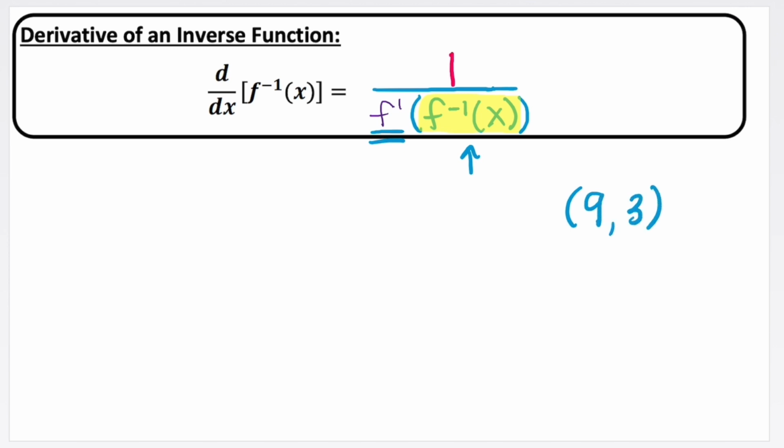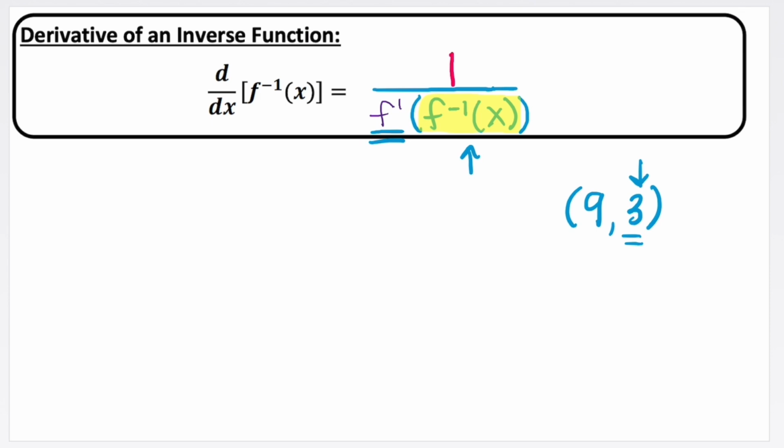So when I plug 9 into my inverse, I get out 3. That is the point I plug into the derivative of the original function, which gives me 6, which means overall the derivative of the inverse function is going to be 1 over 6 at that particular point.